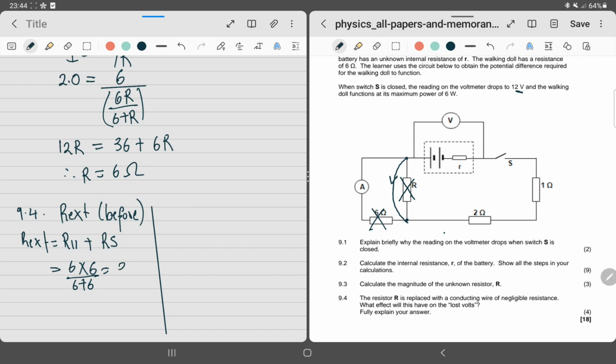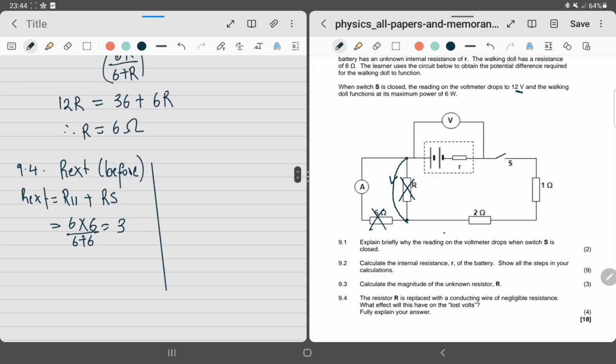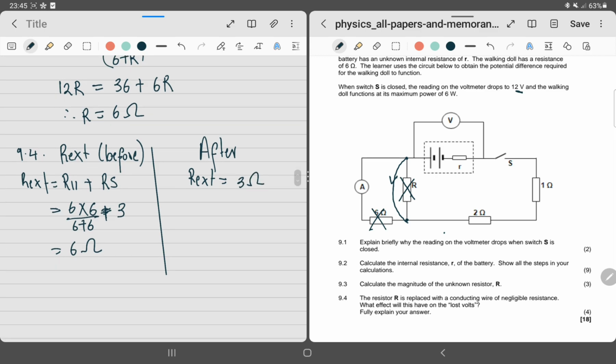And then the R series is just 3. So this is a plus. So here I'm getting a 6 ohm. So this is before we kill R, and then this is after. After we have removed R, so R external just becomes 3 ohms.